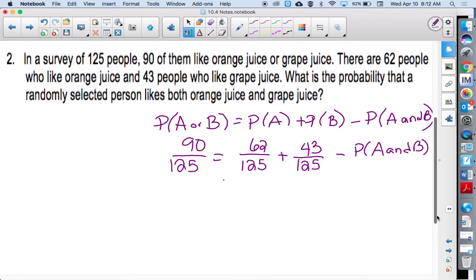So just plugging the numbers in. 90 people like one juice or the other. 62 like orange juice, 43 like grape juice.